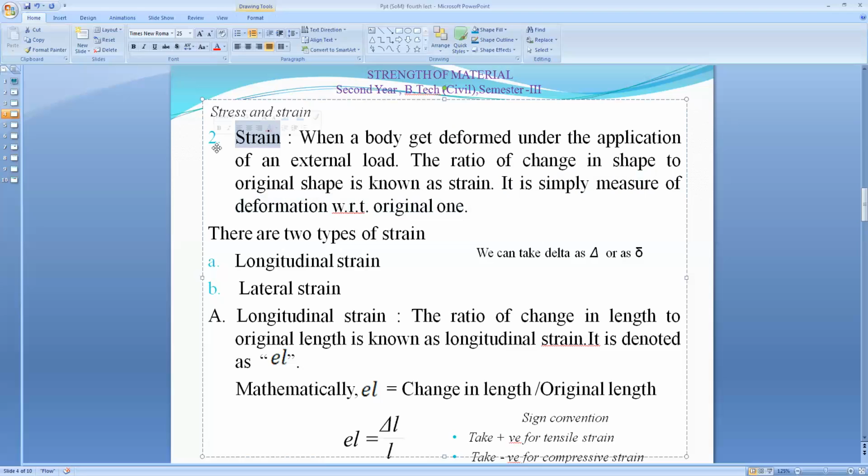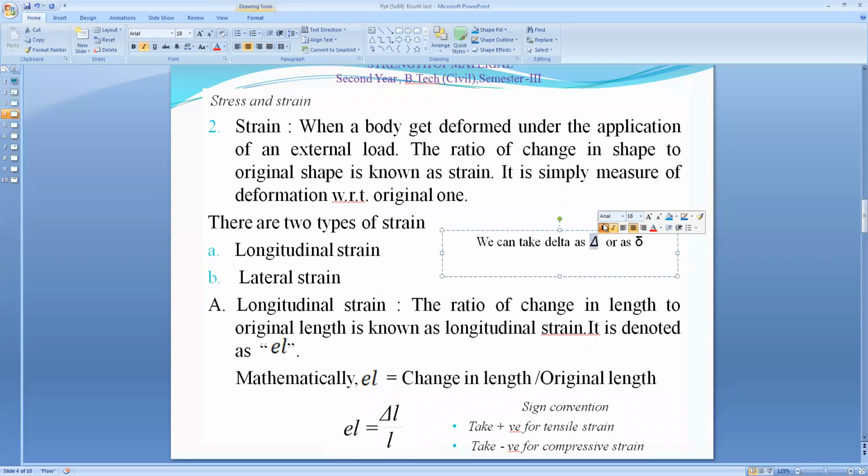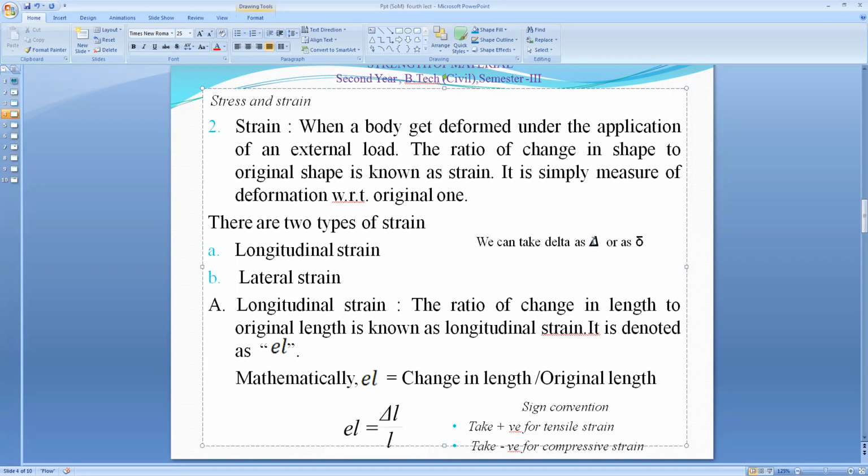How much the body gets deflected, deformed, retarded, or extended with respect to the original shape of the body, such a ratio is known as the strain. Strain is indicated by the sign which is given in this PPT. This is triangular in nature.